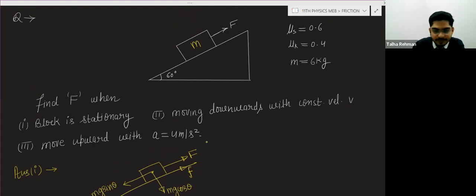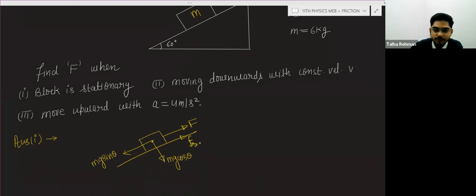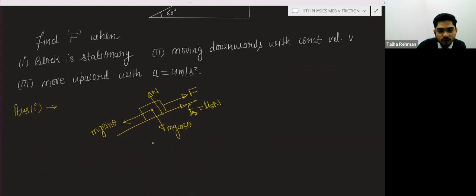That static friction force is given by mu s into N, coefficient of static friction into normal reaction. What will be the normal reaction? There is no motion in this perpendicular direction, so normal reaction is equal to mg cos theta.